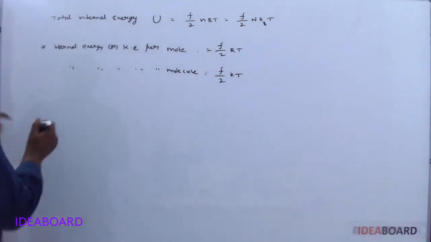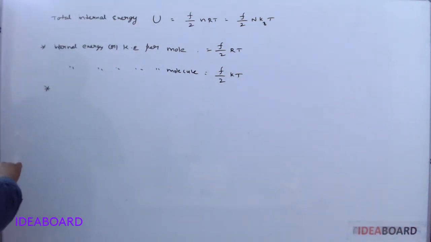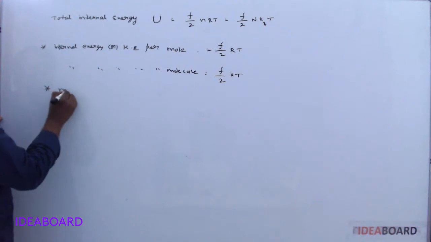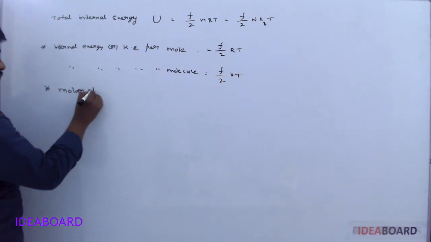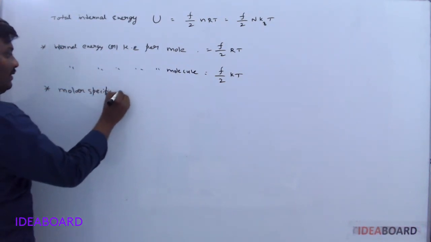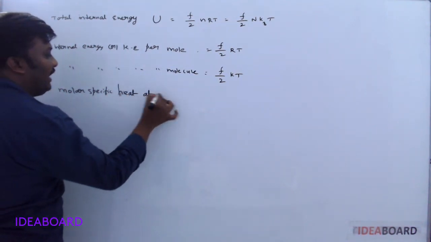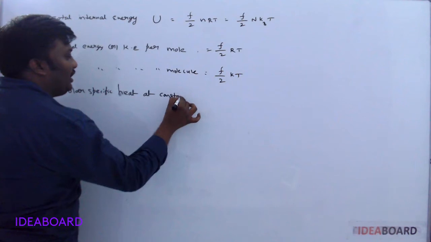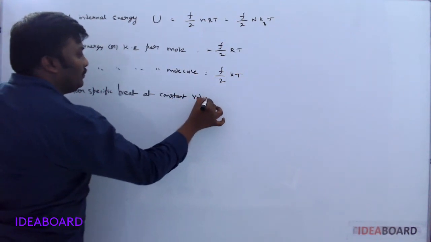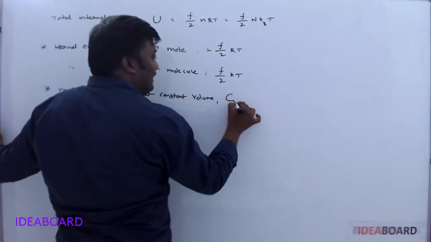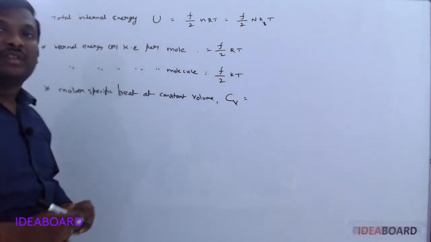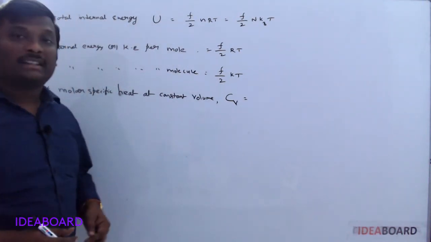Okay, next we have molar specific heat at constant volume. The symbol is capital CV. What is the value of CV in terms of the degrees of freedom?